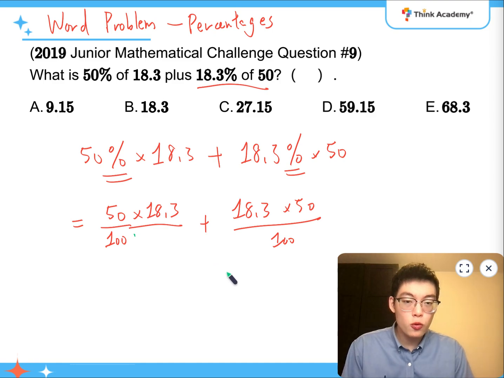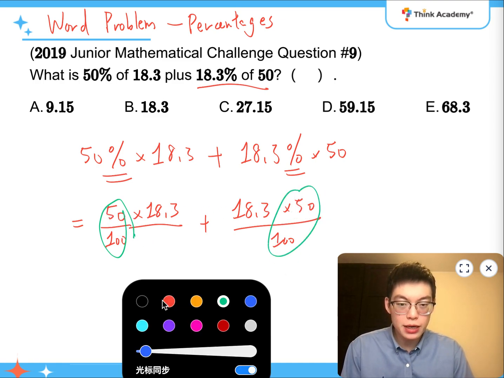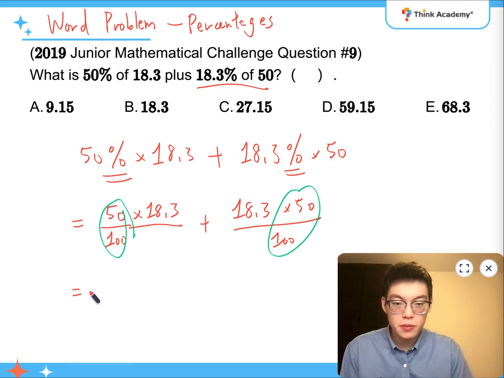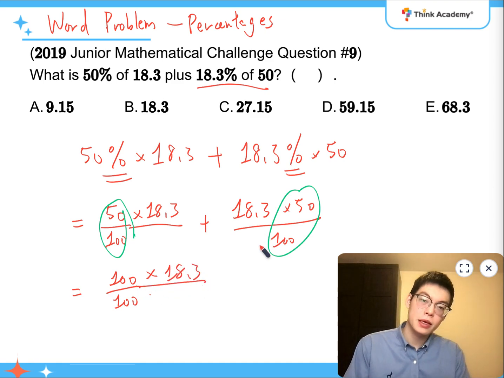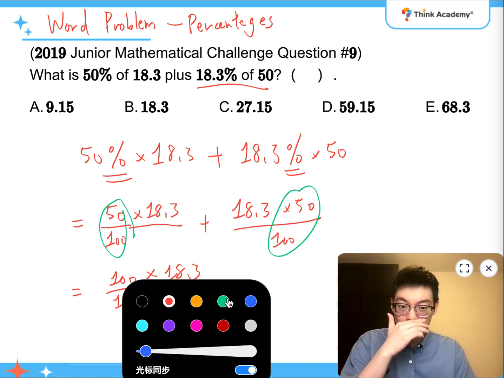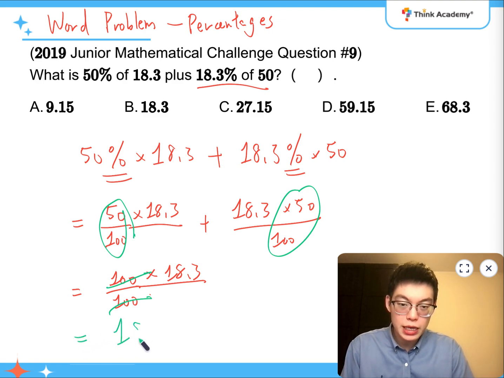But how would you make it easier for us to calculate it? Which means that this is 50%, this is 50%. Altogether, that's going to add up to 100% of 18.3, isn't it? So we can effectively just try to cancel these out. And the answer is just going to be 18.3.